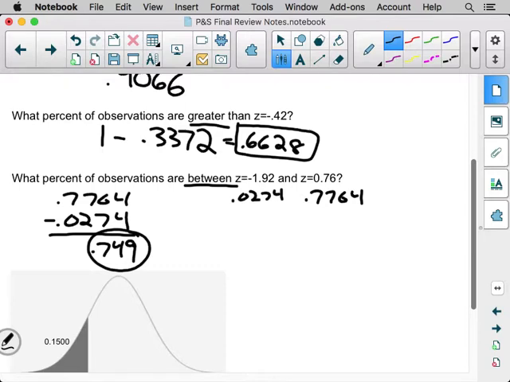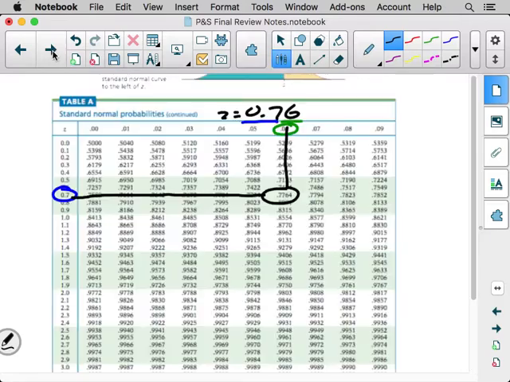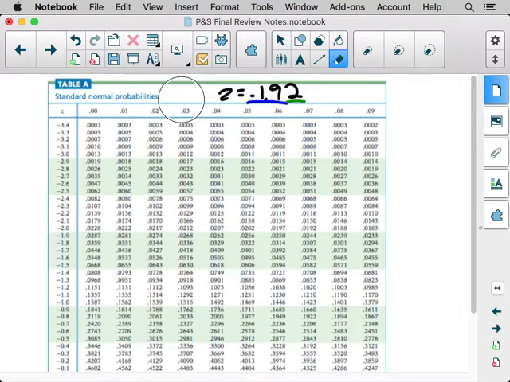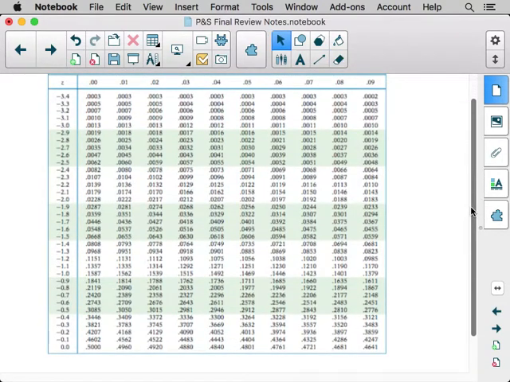Then the last thing we could ask in this chapter is we could give you that percent, that proportion, and ask you to find the z-score. All right, so this is where we need to find that inside the table. Now, you won't be able to find it exactly. The goal is to find the closest thing that we can to it.